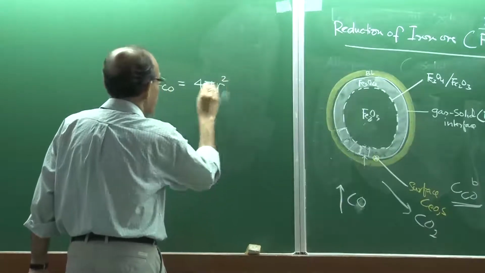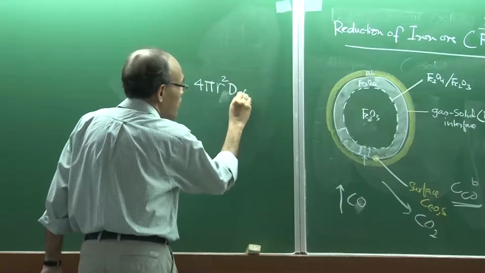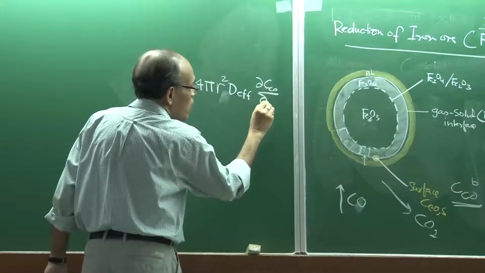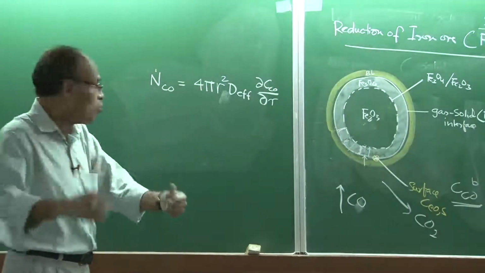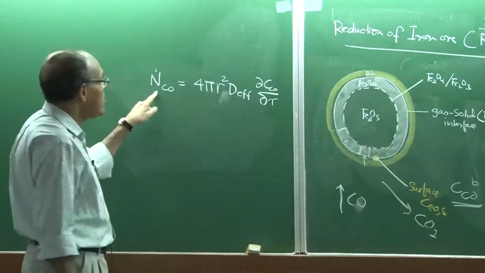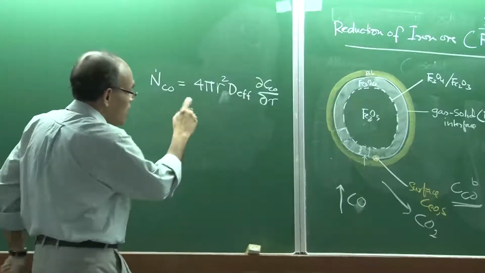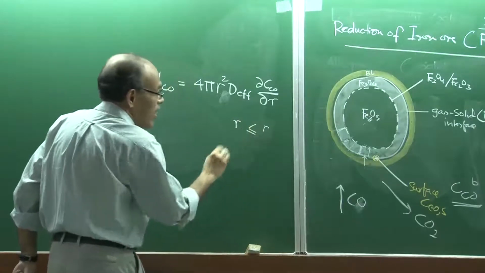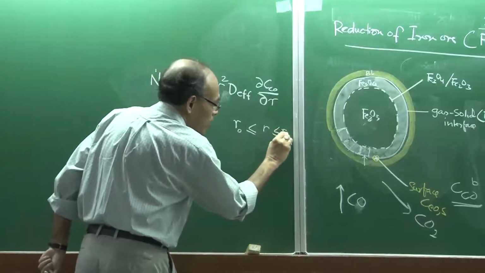I will write R square at any R, and then this is D effective, that is the diffusion coefficient, and dCCO over dR. We know in the spherical coordinate system the flux is proportional to R square. So this represents the net rate of transport at any R value, and this is applicable where R is greater than or equal to R in and R is less than or equal to R out.